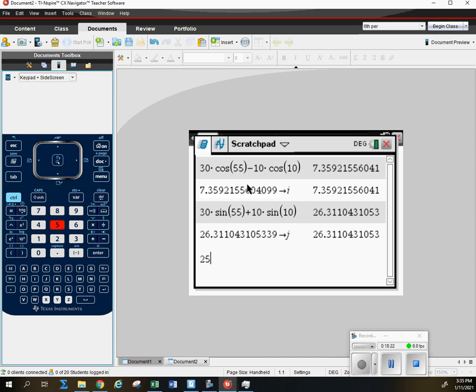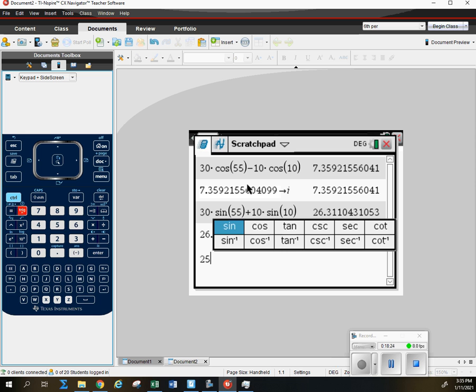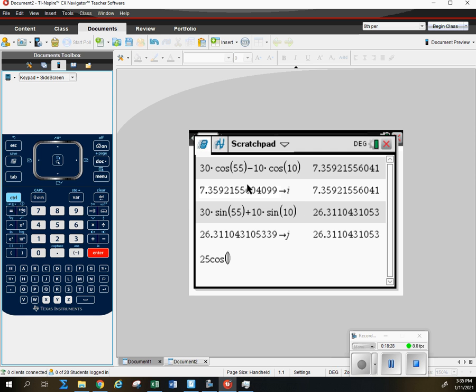So 25 cosine, so trig, go over to cosine and enter 20. Remember to go out of the parentheses, and then it was minus 50 cosine 35 degrees.